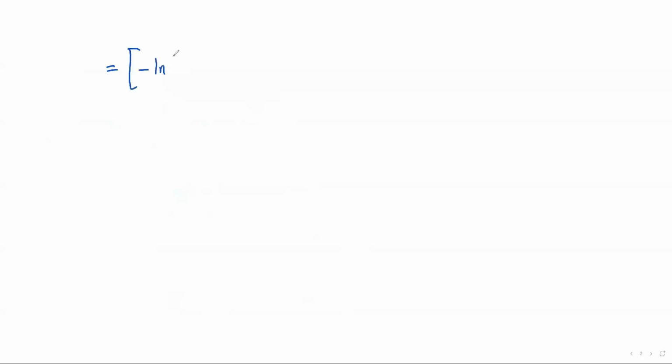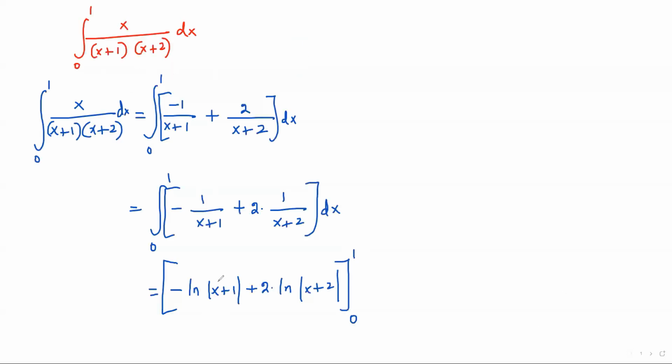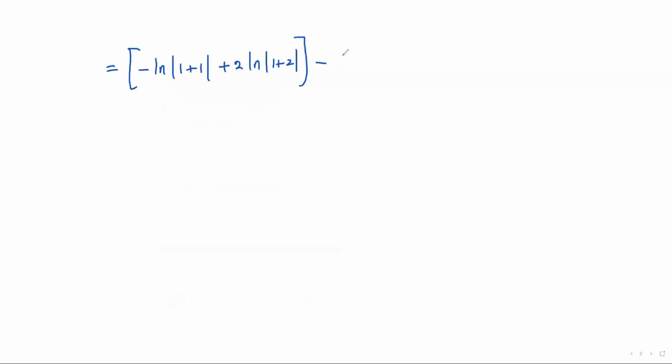Negative ln of the absolute value of 1 plus 1, plus 2 times ln of 1 plus 2. That is, I replace this x by 1. Now I have to take a negative sign for the same result. I have to plug in the lower limit 0 for x, and I'll be getting negative ln of 0 plus 1, plus 2 times ln of 0 plus 2.